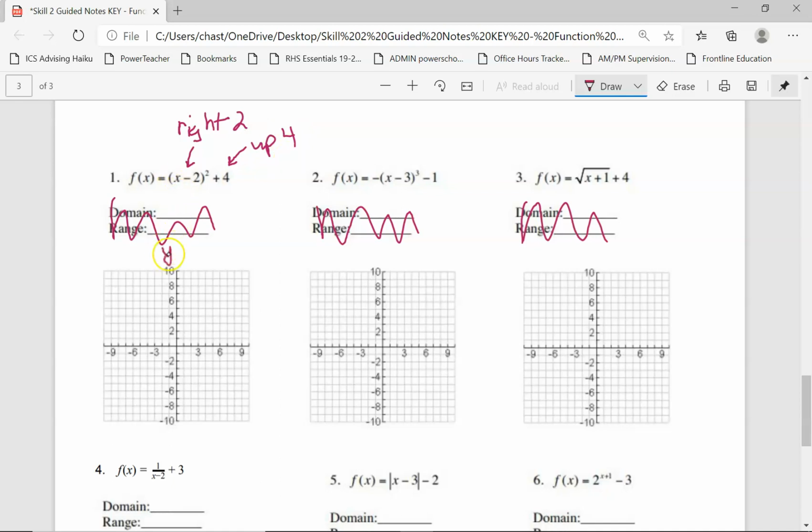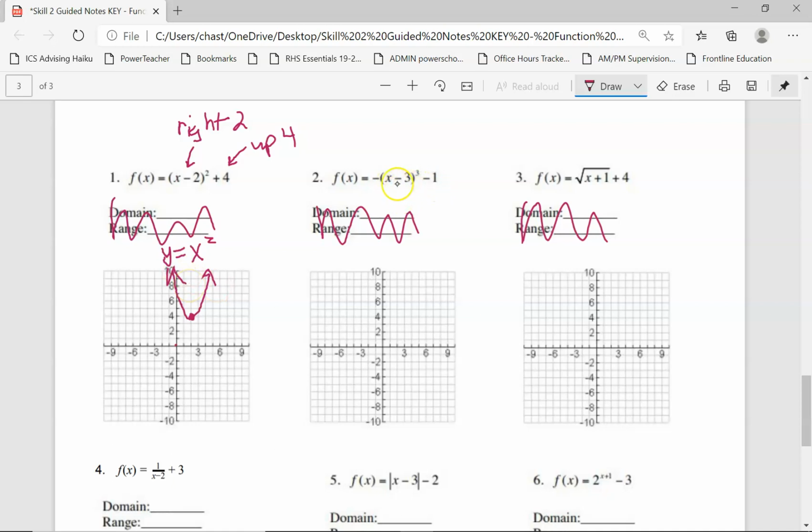The parent function is y equals x squared, so normally we'd start at the origin. We're going to shift it right 2 and up 4, and then we're going to graph it like a parabola. Okay, let me make that look a little better, trying to make sure it looks like a U.